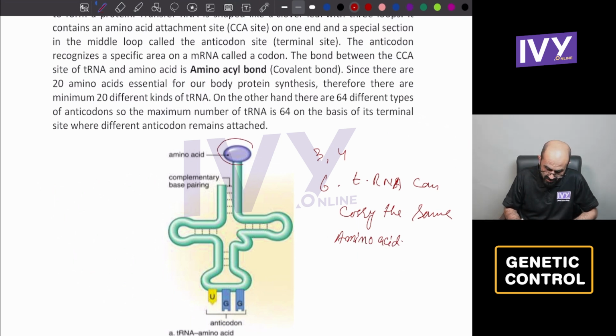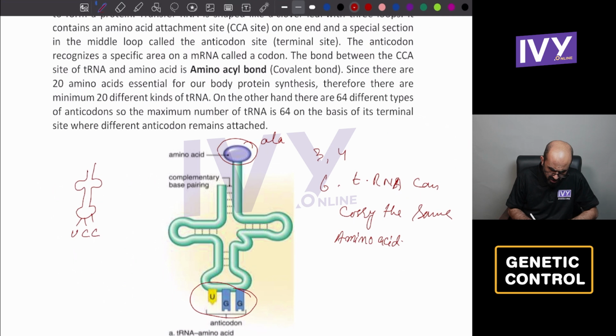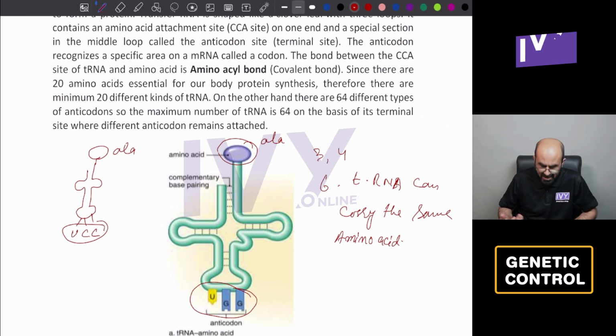Suppose this amino acid is alanine, and it shows the code UGG. If there is another tRNA here with a different code like UCC, it might again carry alanine, because UCC and UGG both code alanine. Not the same code, but I'm just assuming.